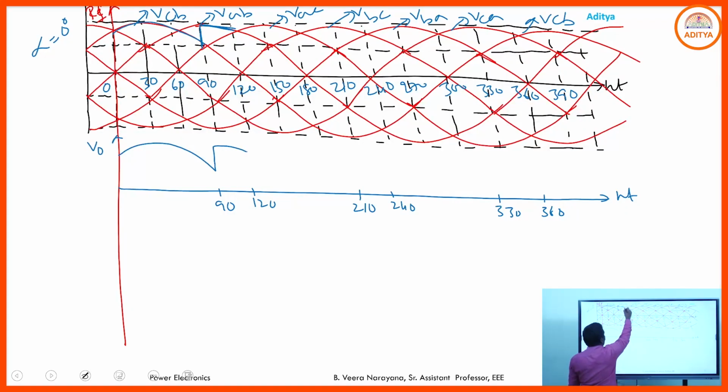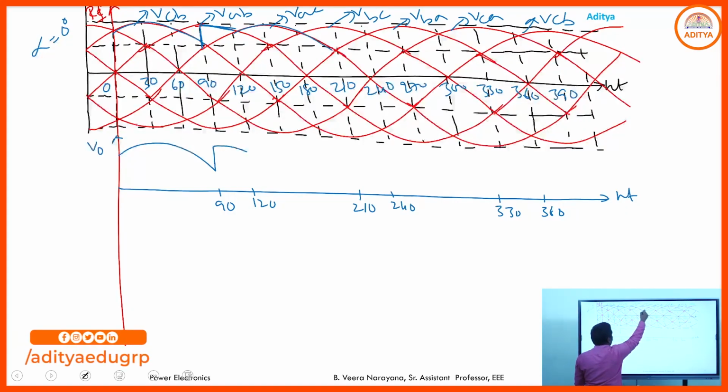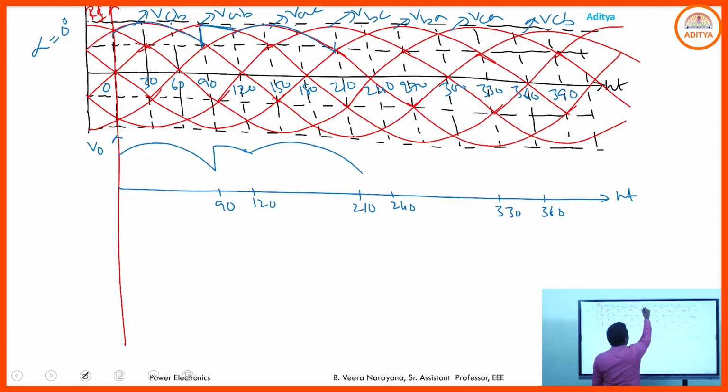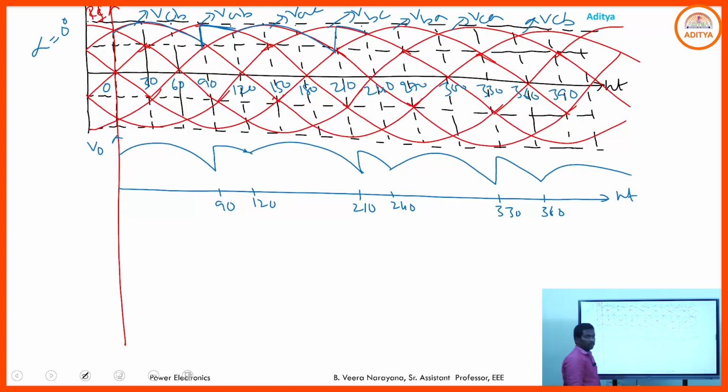And 120 to 210, VAC, like this. Next, VBC, VBA, VCA, like this.